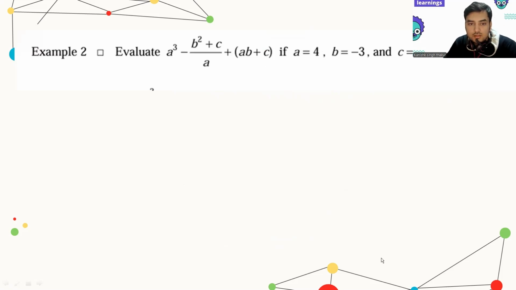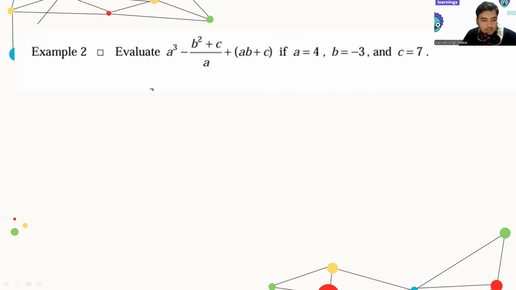Now let's go ahead and see. Here we have variables given, and obviously these variables will be substituted with values. I think you cannot see the full question, so I'll just minimize this. So a cube minus b square plus c over a plus ab plus c.